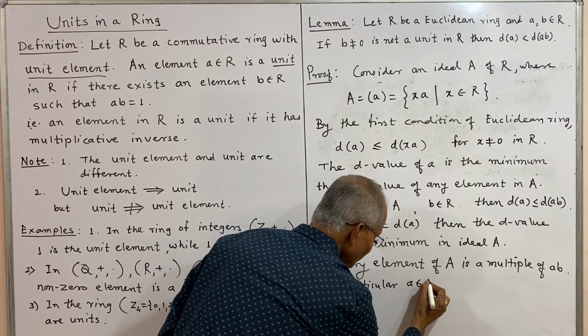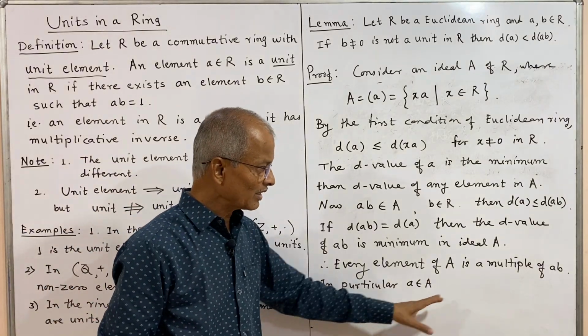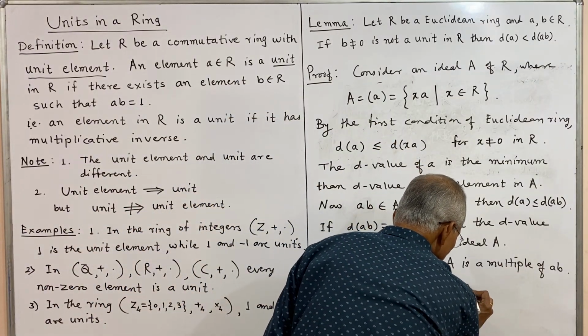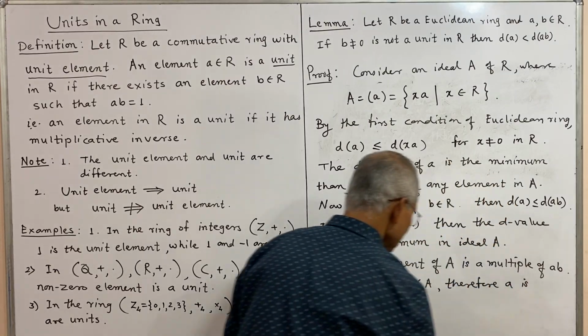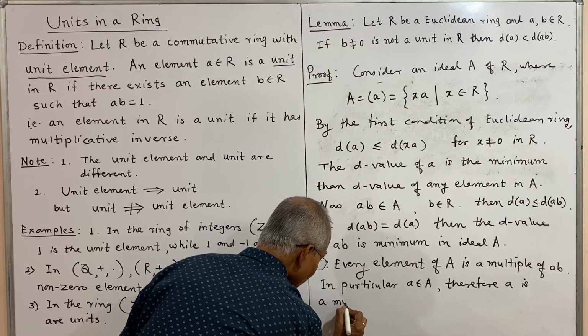A belongs to A. So therefore A is also a multiple of AB. A is a multiple of AB.